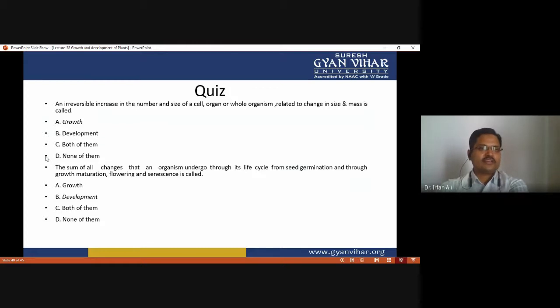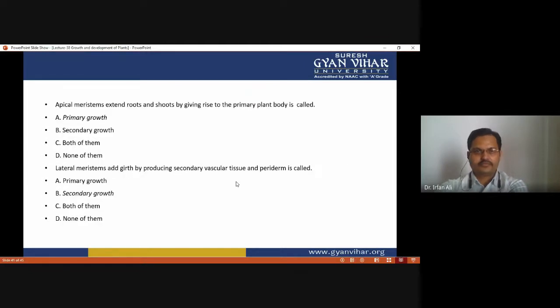So the first question: an irreversible increase in the number and size of cells, organ or whole organism, related to change in size and mass, is called what? Next question: the sum of all changes that an organism undergoes throughout its life cycle, from seed germination through growth, maturation, flowering and senescence, is called what?